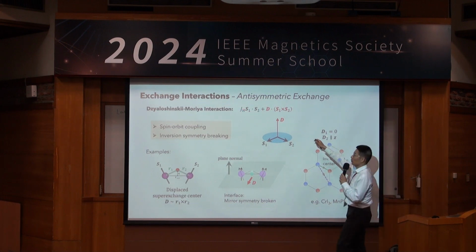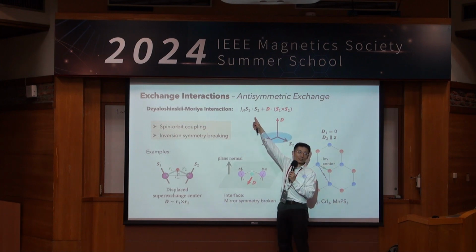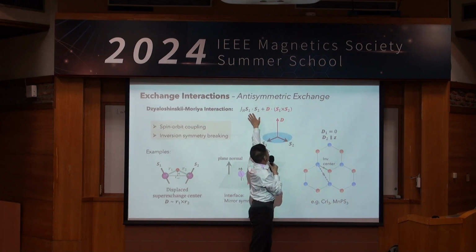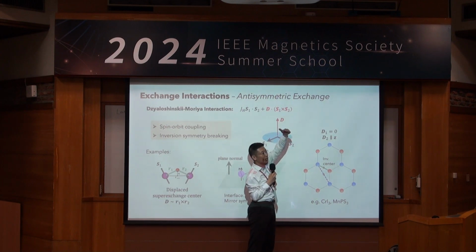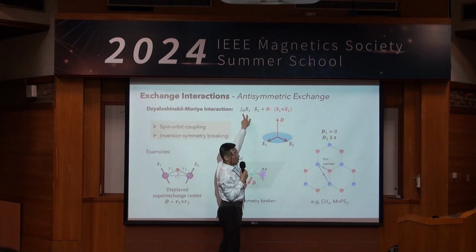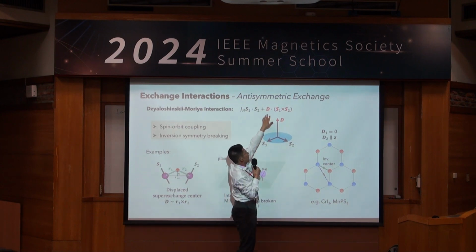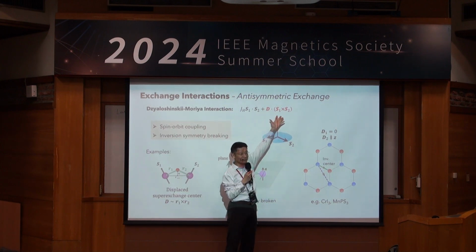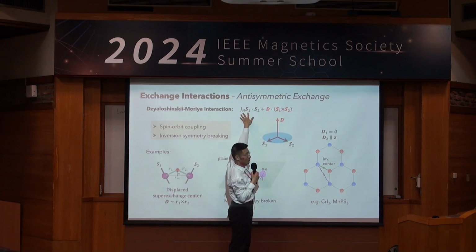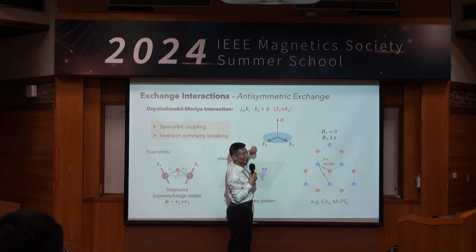So for example, you could even write a matrix unifying the Heisenberg with the DMI interaction, and those terms appear on the off diagonals, while the Heisenberg terms appear on the diagonals. So I would personally understand the DMI as a geometrical extension, an antisymmetric extension of the isotropic or symmetric Heisenberg interaction.